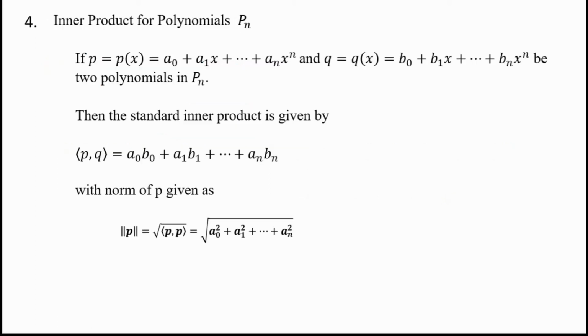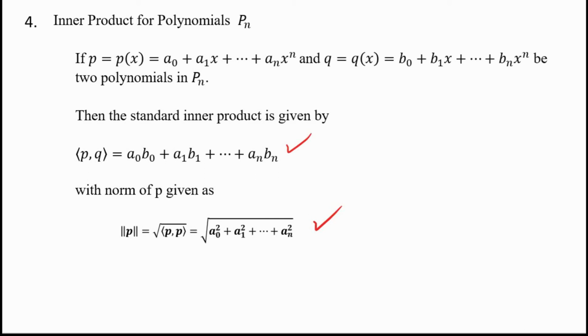So let's see. The inner product for polynomials, P sub n: let two polynomials in P sub n, say little p and little q, then the standard inner product is given by this here, and also its norm. So indeed, once you start looking at an inner product, there are two criteria.